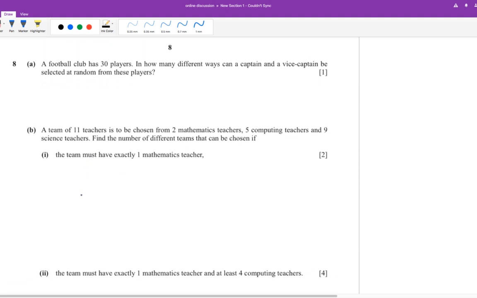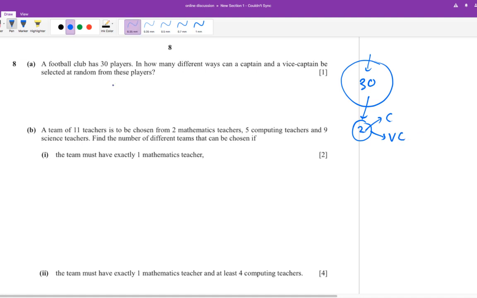Permutation and combination. A football club has 13 players. In how many different ways can a captain and vice captain be selected from these players? Just imagine you have one group of football players, and you need to select the captain and vice captain.